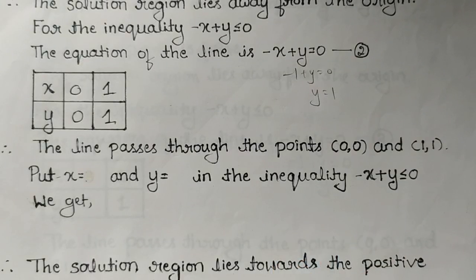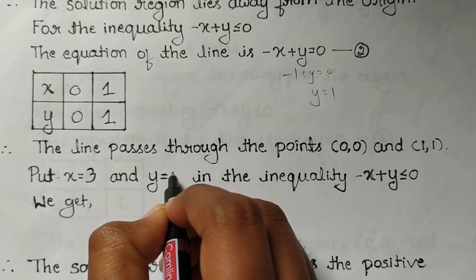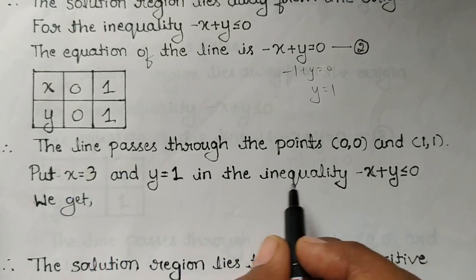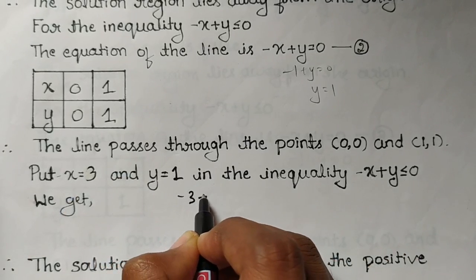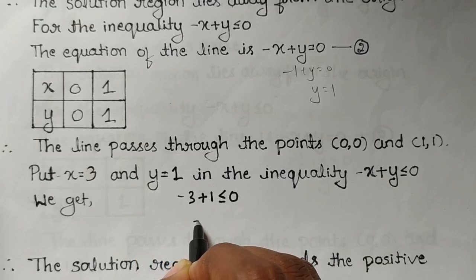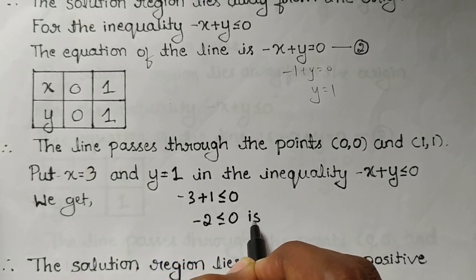I'll substitute x is equal to 3 and y is equal to 1. In this inequality, we get minus 3 plus 1 is less than or equal to 0. Minus 2 is less than or equal to 0, which is true.